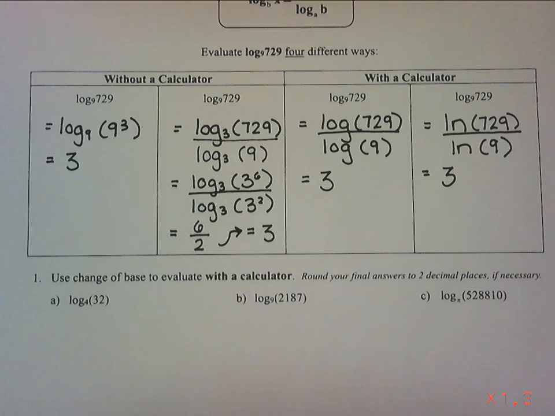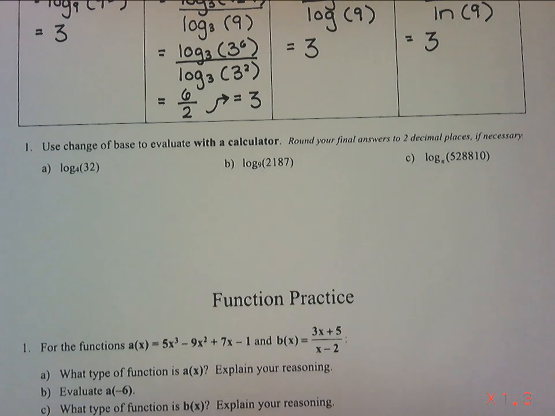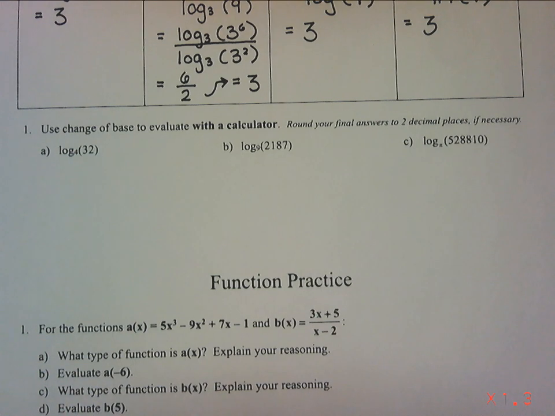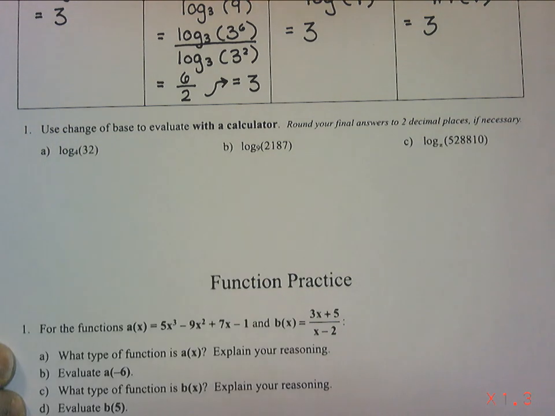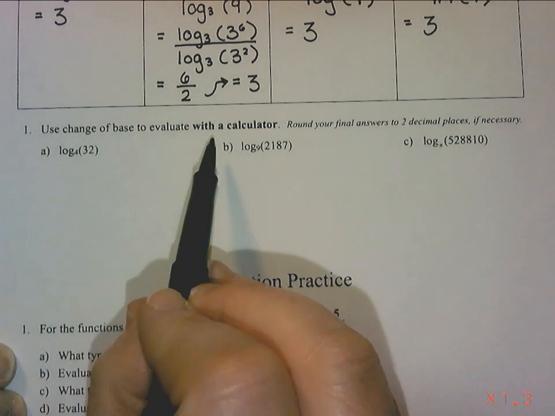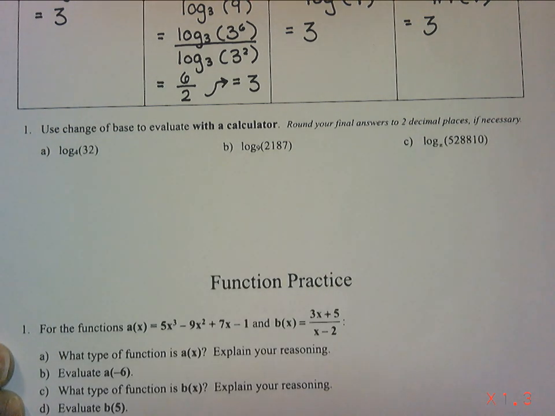So we do have just 3 quick examples here where we are going to try using a calculator to evaluate. I have log base 4 of 32. It says use change of base to evaluate with a calculator. So I am going to use ln. You can use log. It does not matter.